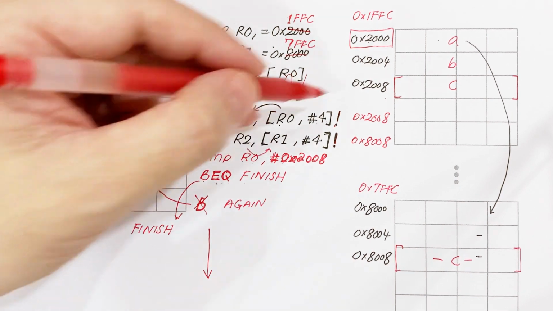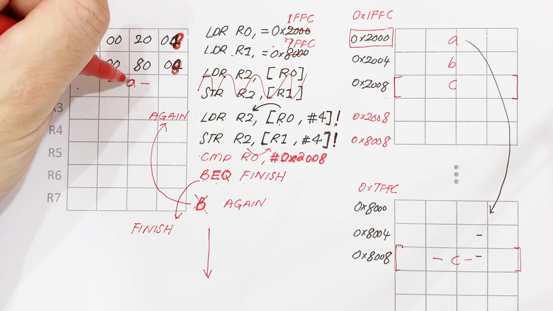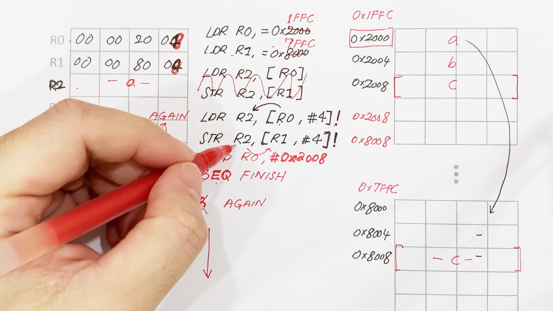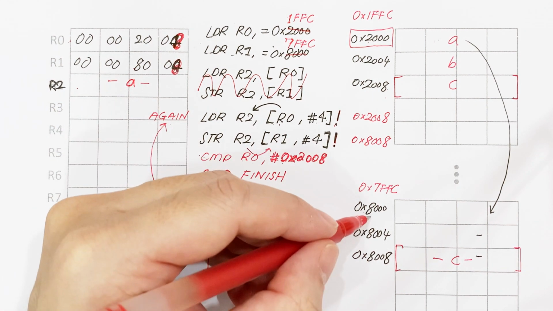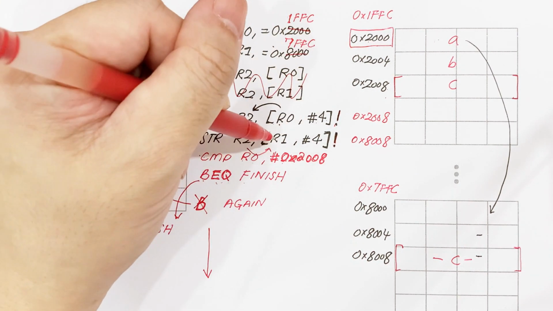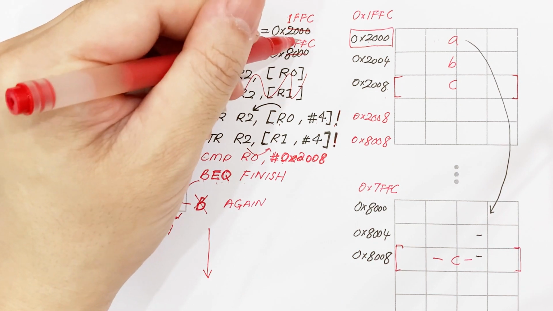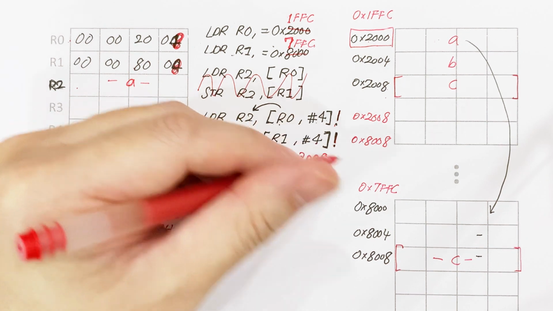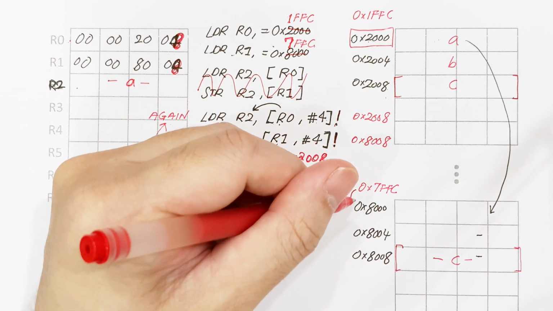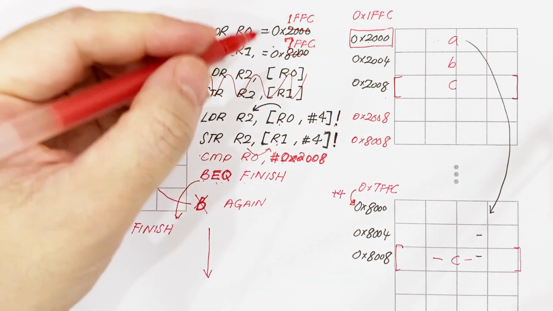Same case with this one. After we have moved A to register 2, we are storing register 2 back to 8000. Again, R1 we have initialized with the value 7FFC plus 4. Again, it ends up exactly at 8000 after we add 4.